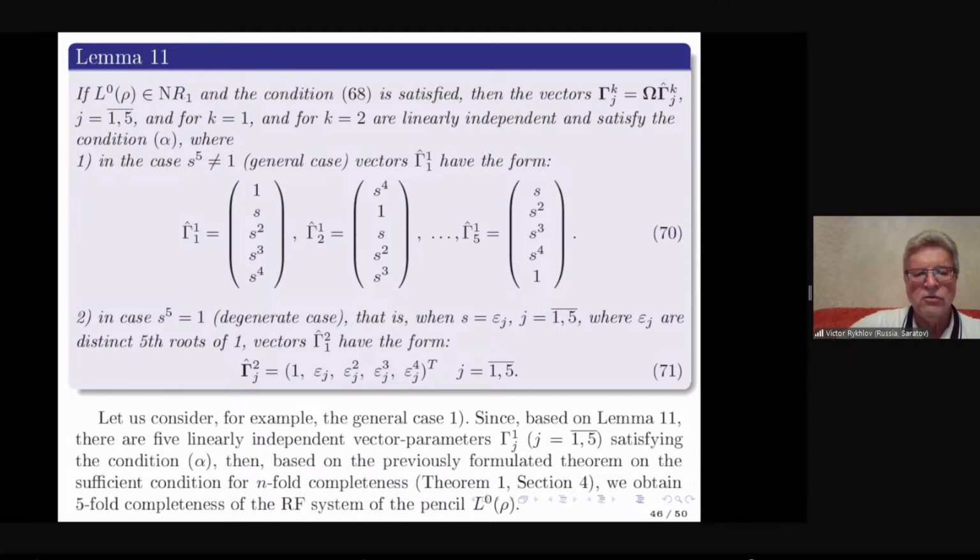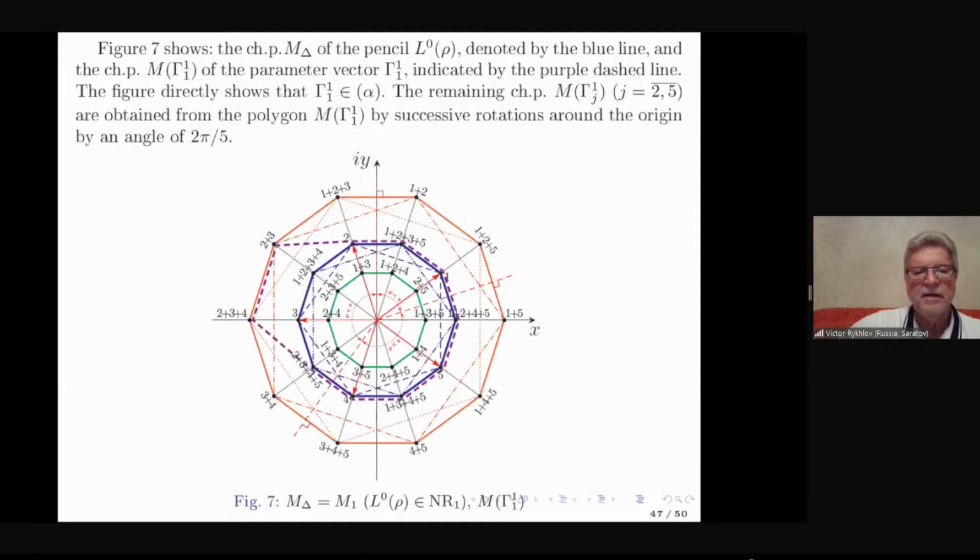We also consider the case 70. The next. This is the characteristic polynomial, and the polynomial M gamma sub 1 super 1, dashed line, which satisfies the alpha condition.